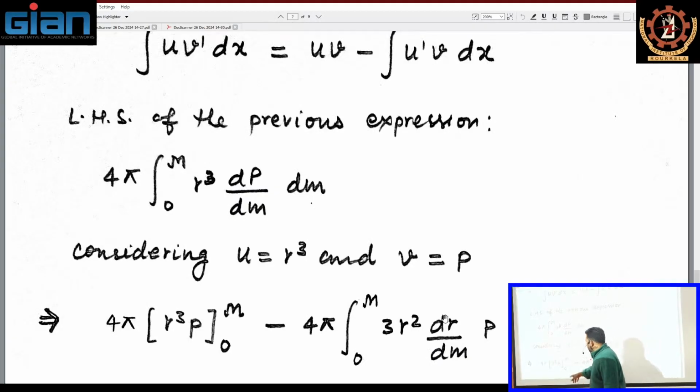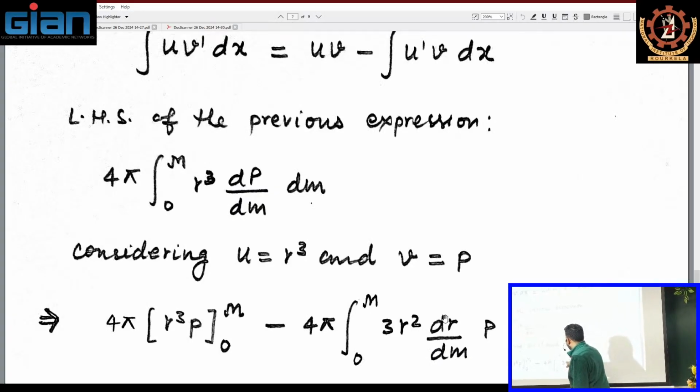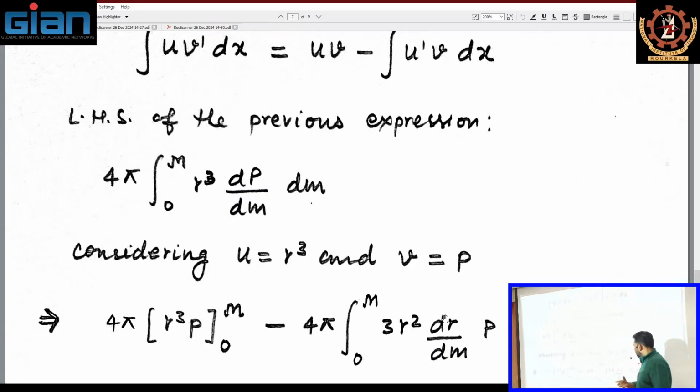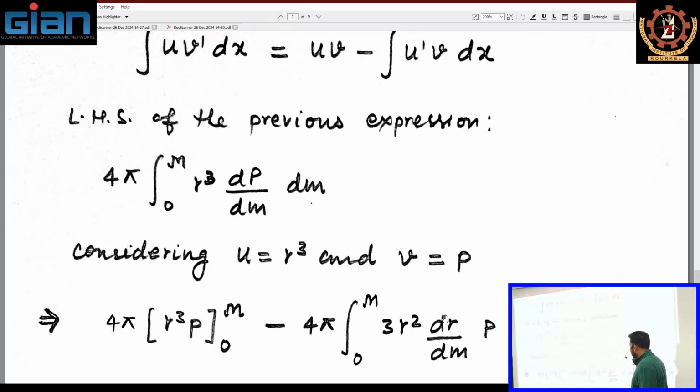Okay, so this quantity is what you will get at the end here. And here, if you differentiate r cube with respect to m, you will actually get 3r square and then dr/dm. Then the other quantity is P and dm.